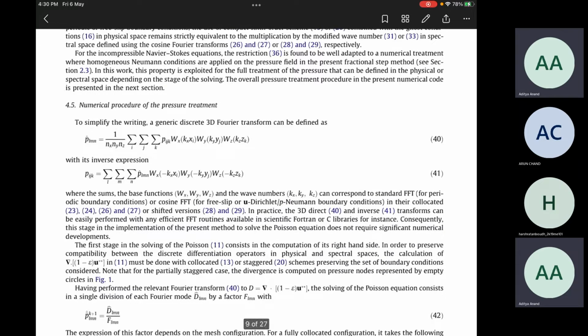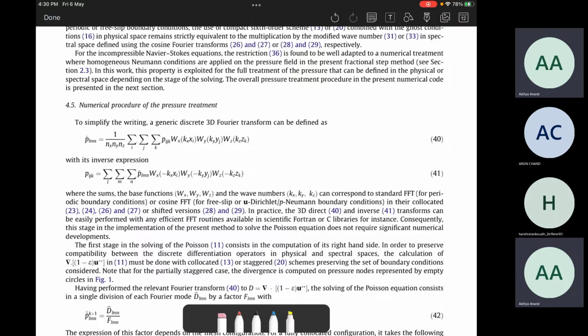It describes the numerical procedure of pressure treatment. So it solves for the pressure in the spectral domain. It solves the Poisson equation in spectral domain.